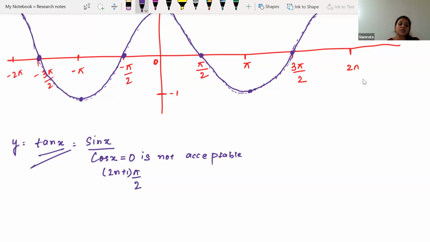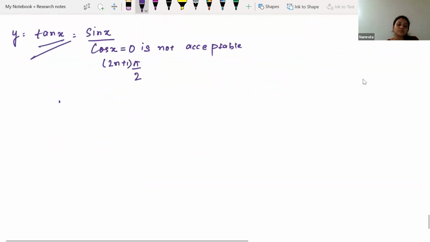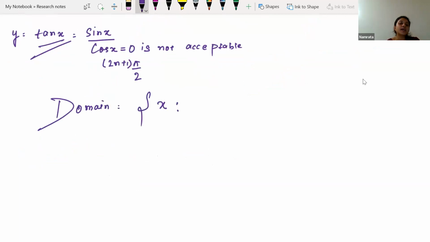So what will be the domain? Domain will be the set of all x such that x belongs to the real numbers, but x must not be (2n plus 1) pi by 2, where n is an integer.